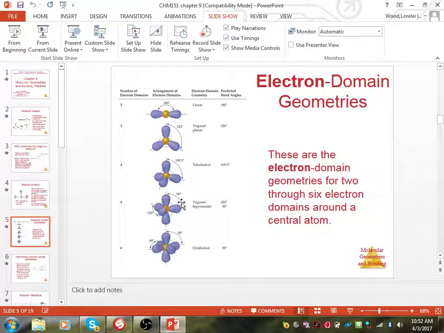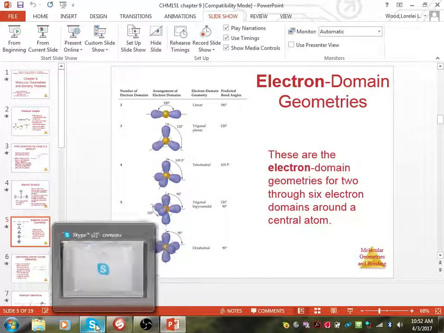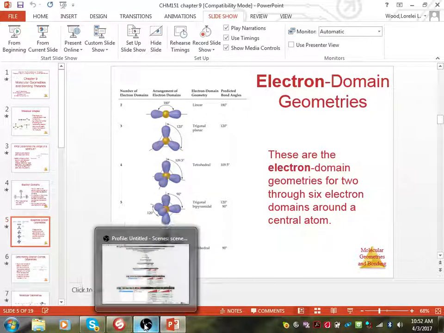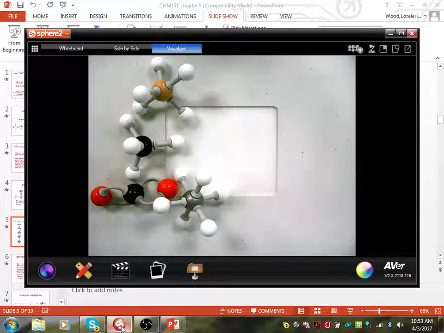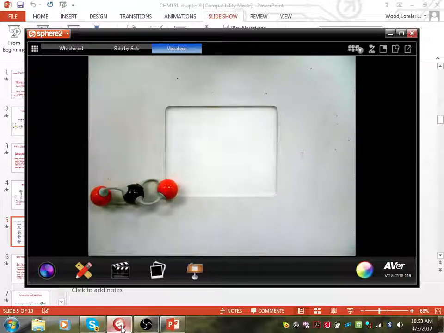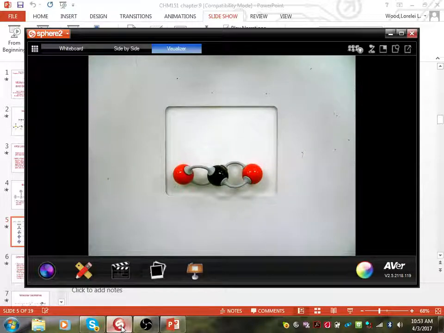All right, here are some bond angles. This is with the balloon depiction. This is what a linear molecule looks like. If I was going to show you an example of a linear molecule, let's see, where is that? A linear molecule would be something like carbon dioxide, right? It's got double bonds here and here.